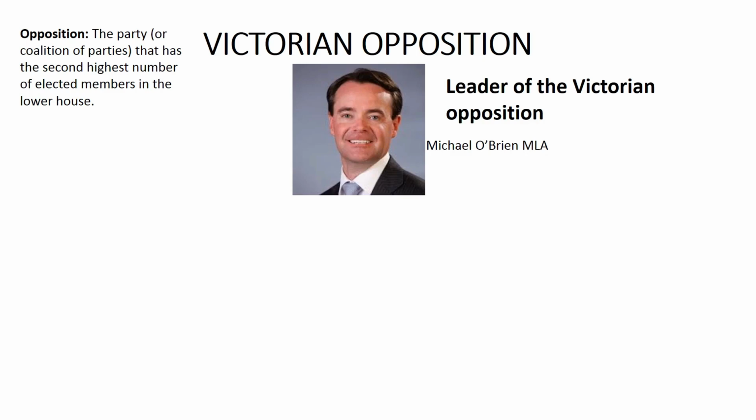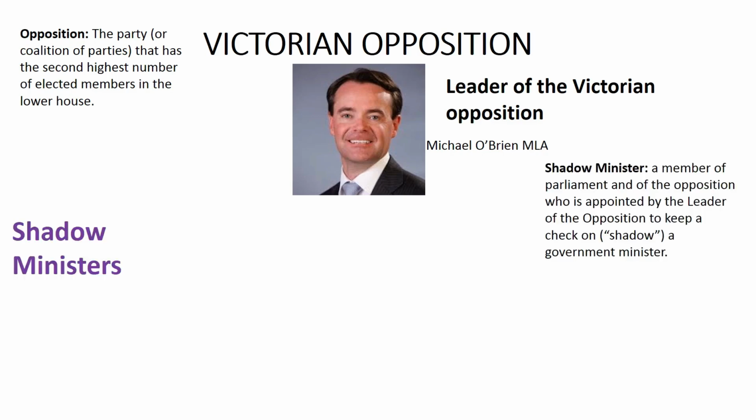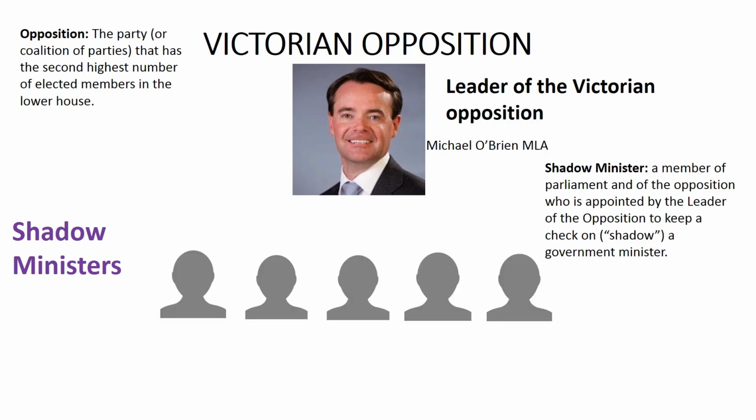Michael O'Brien has appointed a number of shadow ministers, and again you've seen this definition before. A shadow minister is a member of Parliament and of the opposition who's appointed by the leader of the opposition to keep a check on, that is to shadow, a government minister. So Michael O'Brien has appointed a number of these shadow ministers to help him in his job as leader of the opposition.